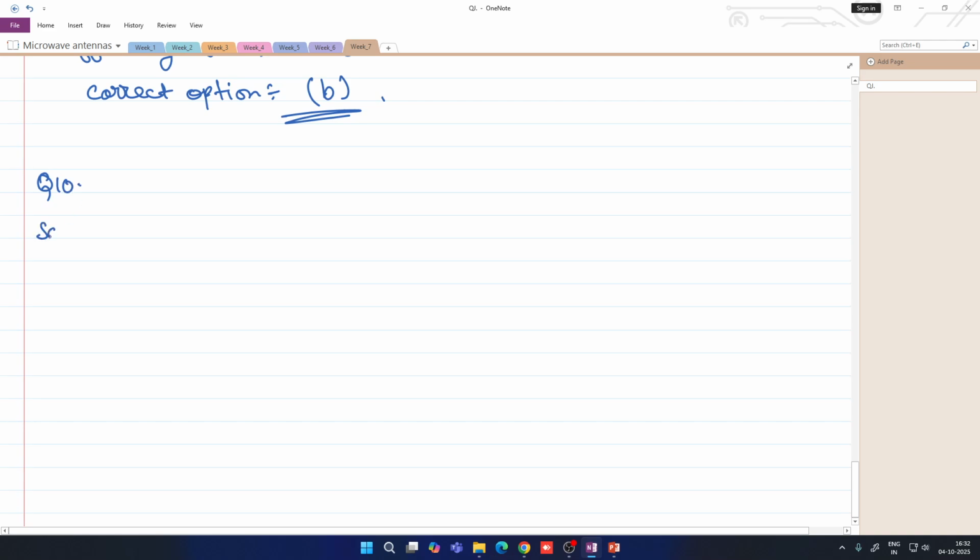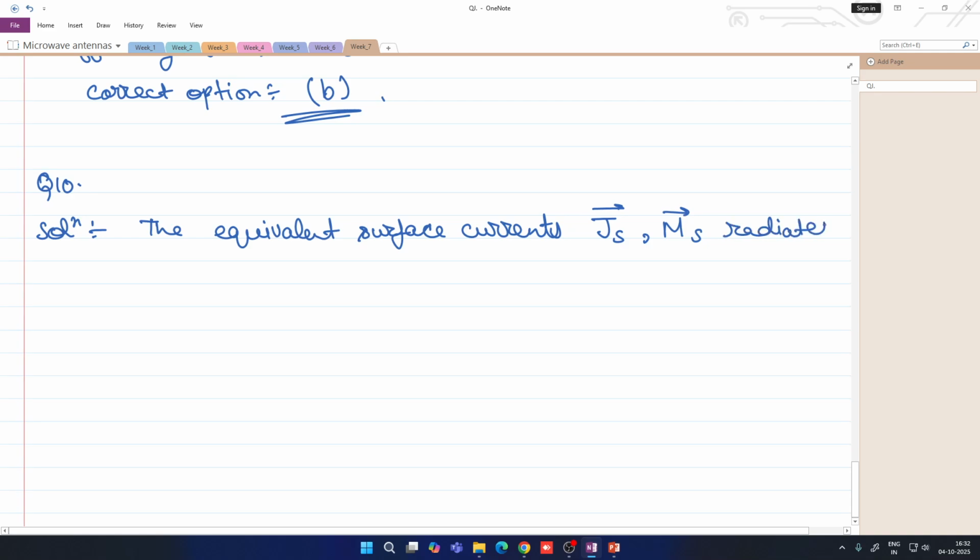In question 10, 4 options are given. The equivalent surface currents JS and MS radiate fields H and E respectively.